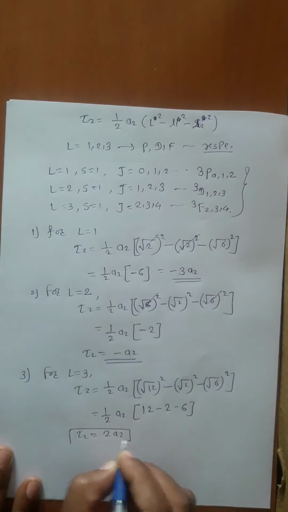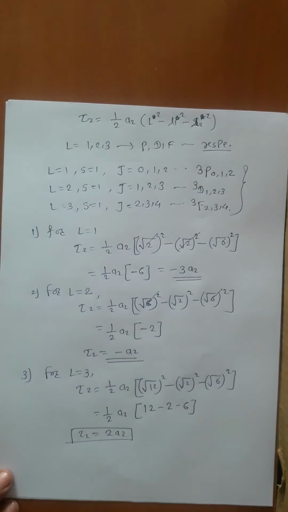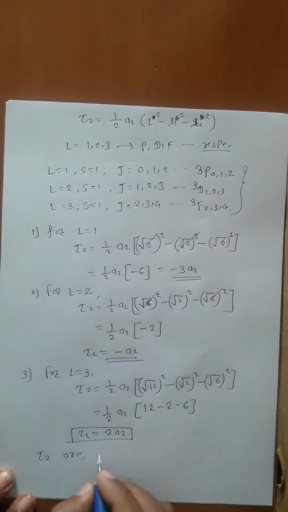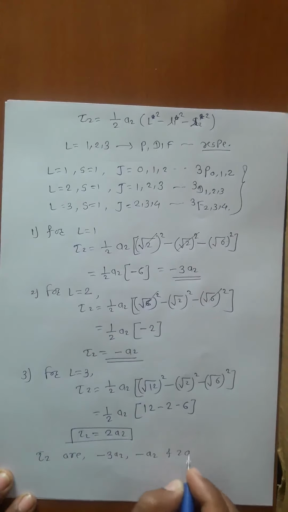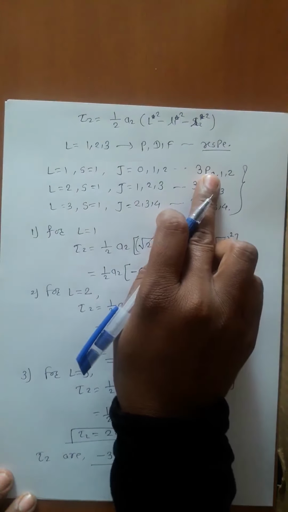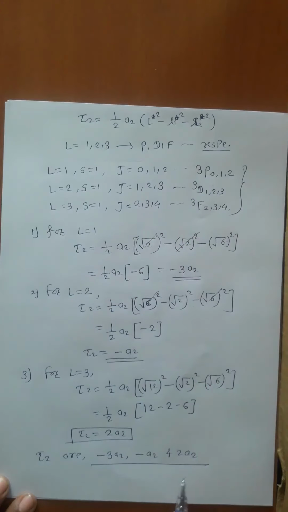So the values of tau 2 are: first one is minus 3a2, minus a2 and 2a2, for the first three triplet states, 3P 0, 1 and 2.